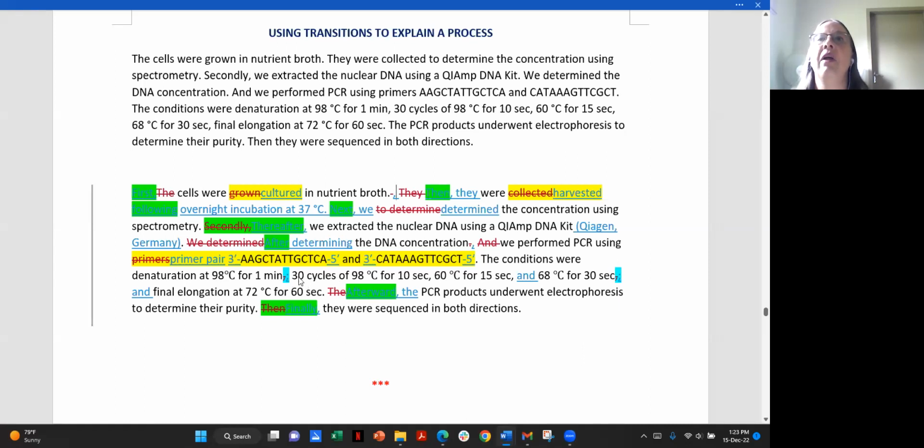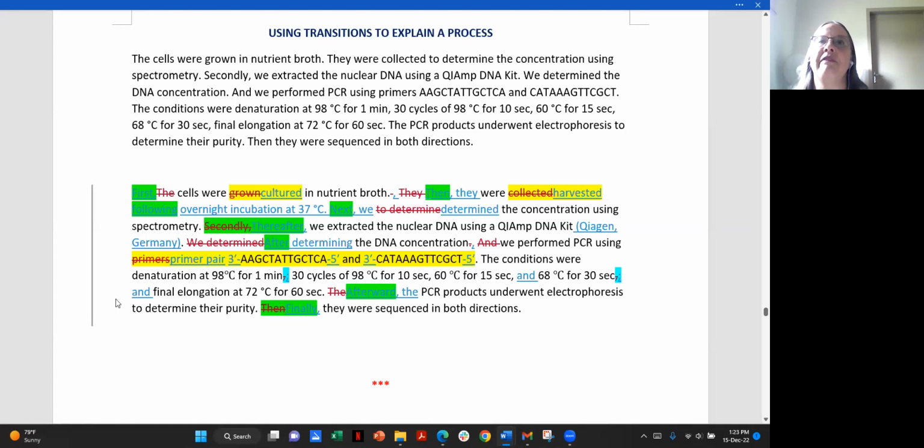Then we've gone into 30 cycles of 98 degrees centigrade for 10 seconds, comma, because this is still talking about the 30 cycles. Then I've said 60 degrees centigrade for 15 seconds, comma, and 68 degrees centigrade for 30 seconds, and a semicolon. So that's described all the processes that are happening in those 30 cycles.